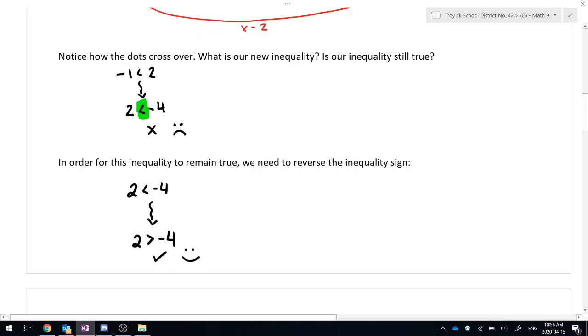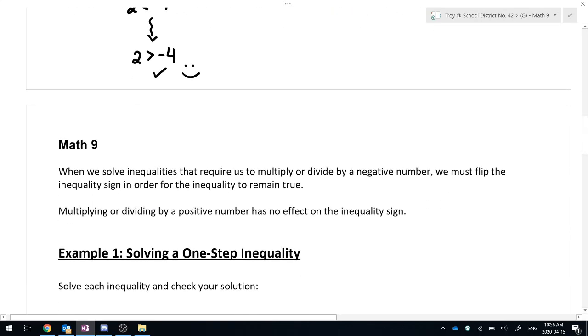Okay, so what we have here is that trick I was referring to earlier. And it's very important. This is the one thing that you certainly want to remember for this part of the chapter. So when we solve inequalities that require us to multiply or divide by a negative number only, you have to flip the inequality sign to make it true.